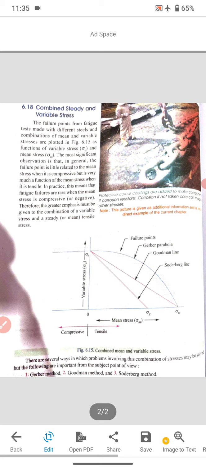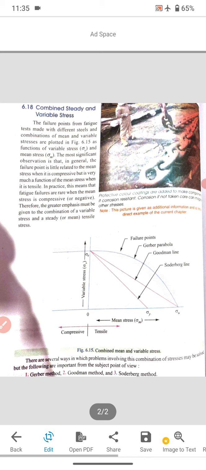Now, as we discussed in the fatigue and S-N curve also, a material can fail in variable loading or variable stress if it crosses the endurance stress value. So for variable loading, endurance stress is the design criteria.